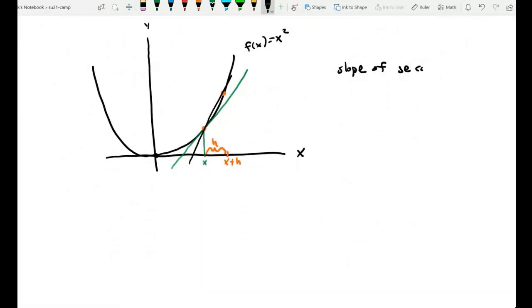Okay. So the slope of our secant line is, okay. So this is the point x and x squared, right? Our function is x squared. This is the point x plus h, and then the x value squared. So the slope of the secant line is the change in the y values over the change in the x values between those two points.